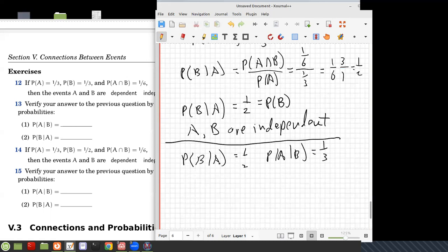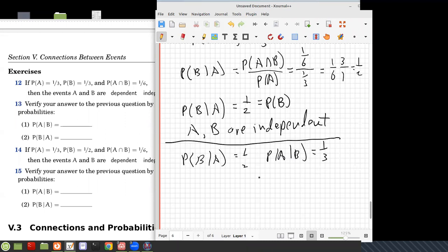They're not the same. So that means it's a little mysterious. Conditional probabilities are not necessarily intuitive because they're telling you about some strange interaction between these two.